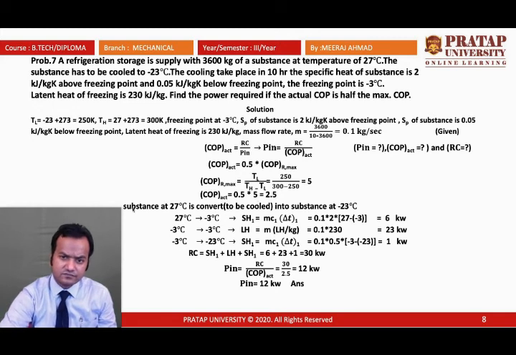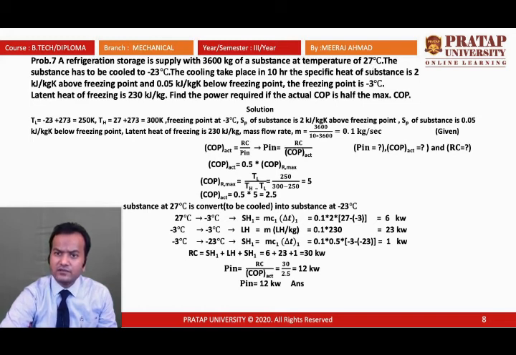Then, this substance should be cooled to minus 23 degrees Celsius. So the amount of heat extracted looks like this. The substance at 27 degrees Celsius is to be cooled to minus 3 degrees Celsius, so from 27 to minus 3 degrees Celsius there is sensible cooling.